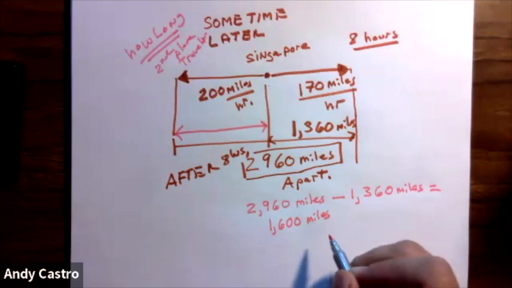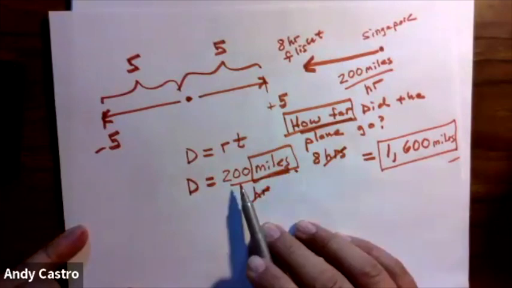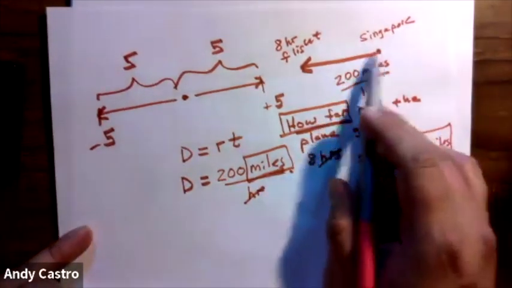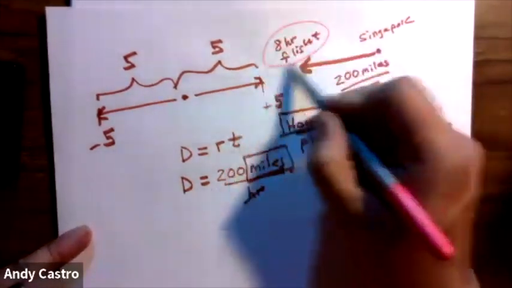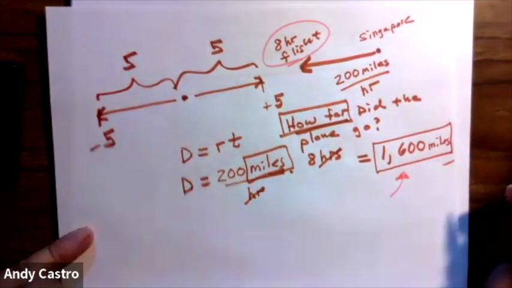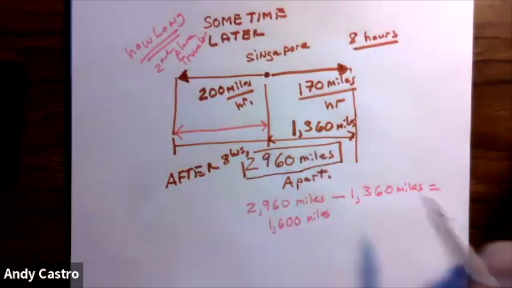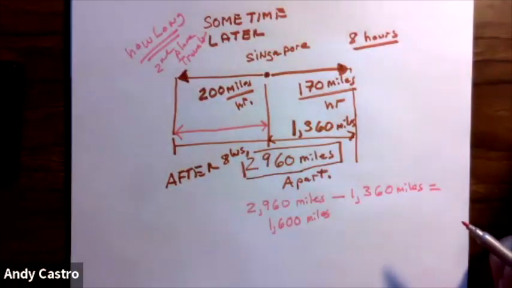Now, you'll notice that we already worked this out. This guy going the other direction flew for 8 hours and got 1,600 miles. So what that tells us is that they took off at the same time.